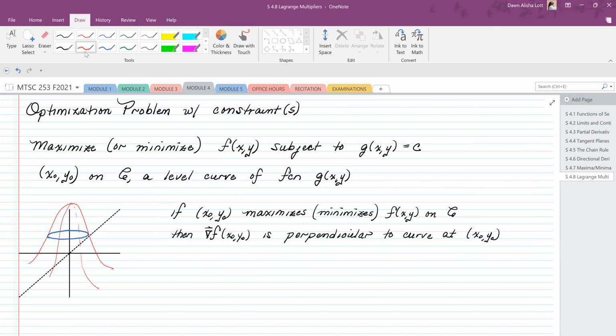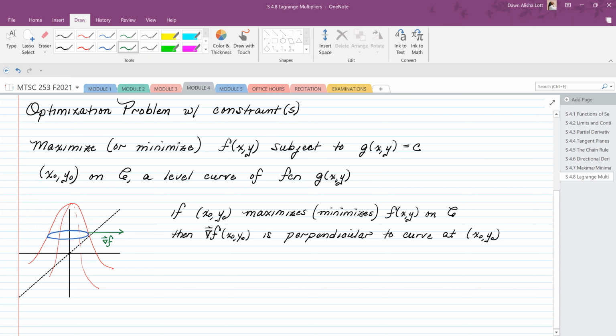So here I have this, and this is the gradient of f.